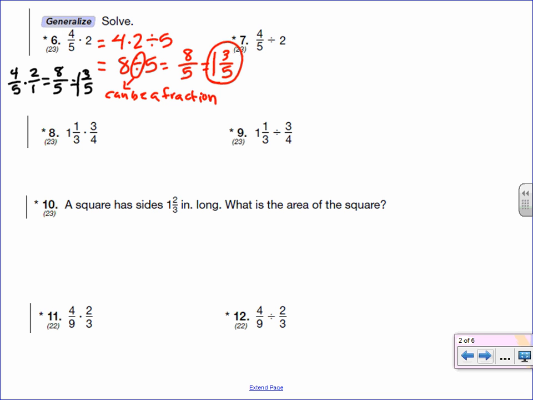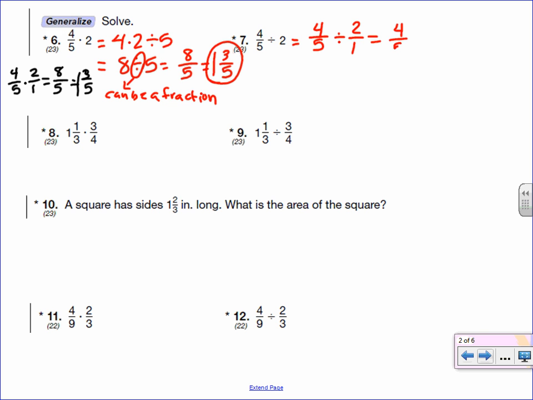In the second one, it says 4/5 divided by 2. When you divide, that means that it's on the bottom of a fraction. So right now we could rewrite this as 4/5 divided by 2 over 1, because 2 over 1 is the same thing as 2. And when we're dividing by a fraction, we flip it over and we multiply by the reciprocal.